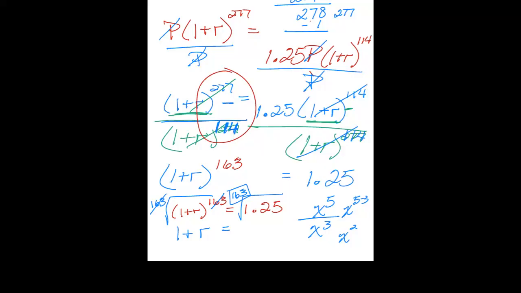And what do you get for an answer? 1 point what? You're going to have to know how to do that. You got to put 163 in on your calculator first, then hit second and the caret button. So can anyone give me that number?